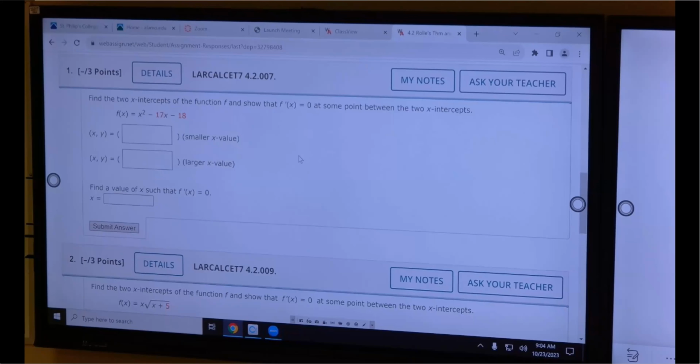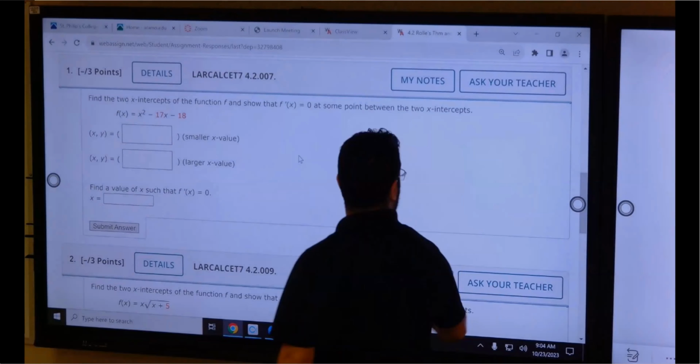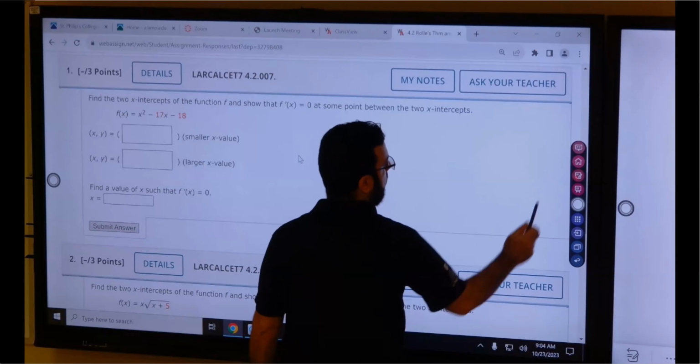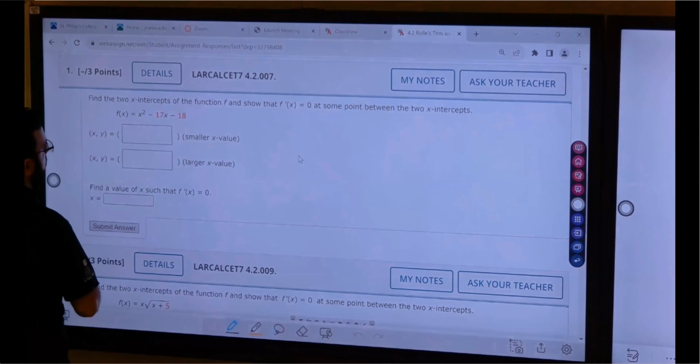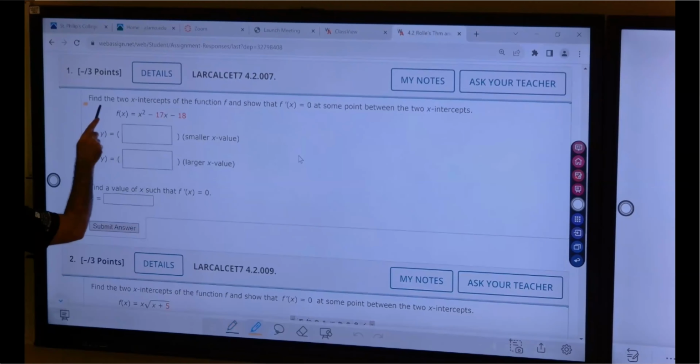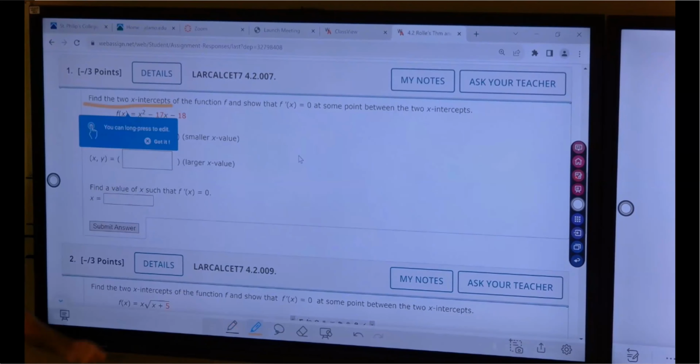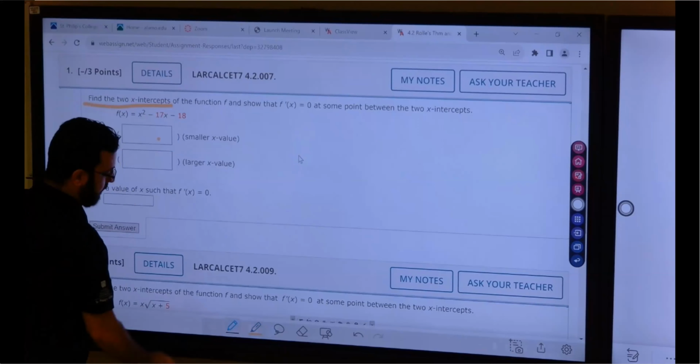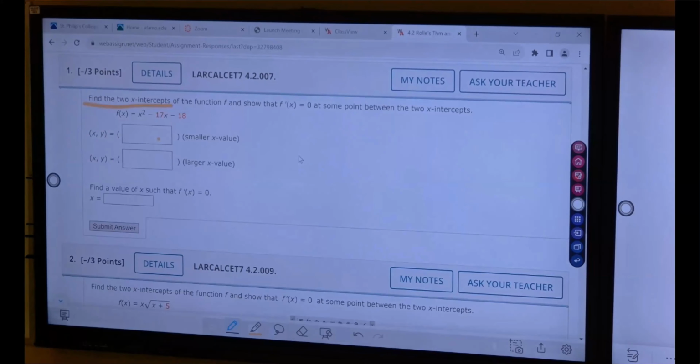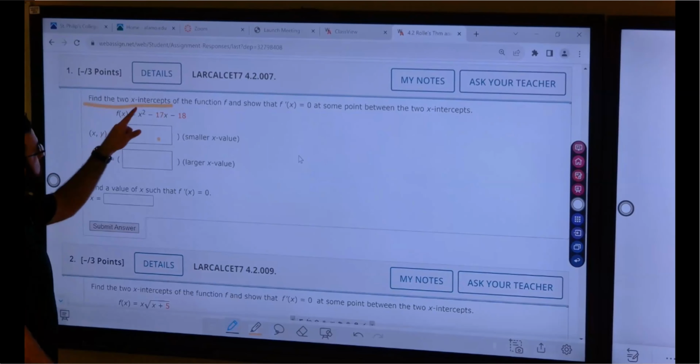Let's check this example. First of all, find two x-intercepts. Because we don't have an interval, we're going to say our interval could be the x-intercepts.